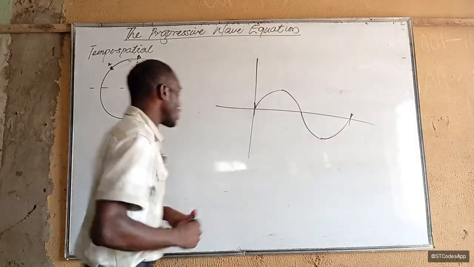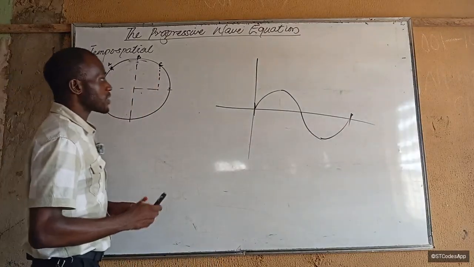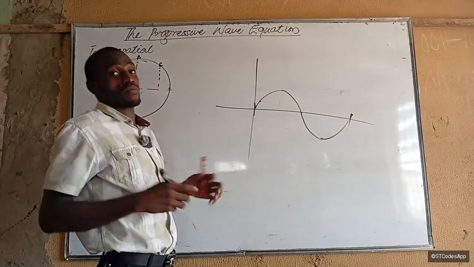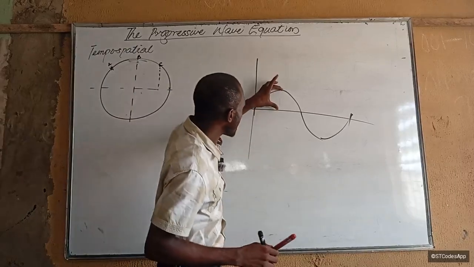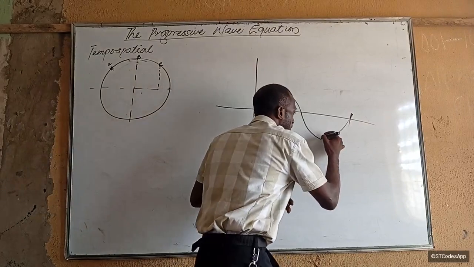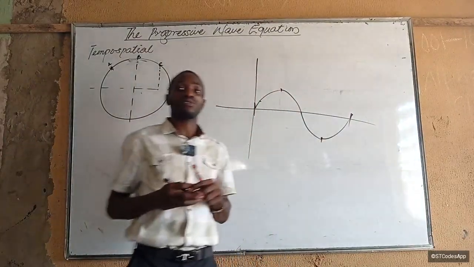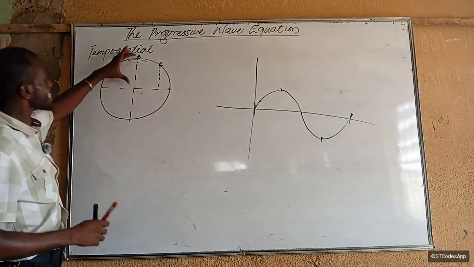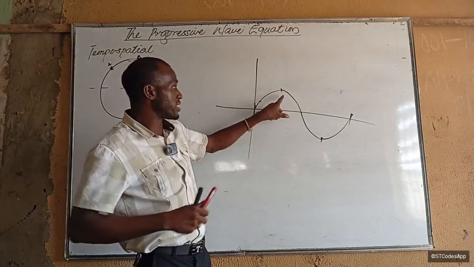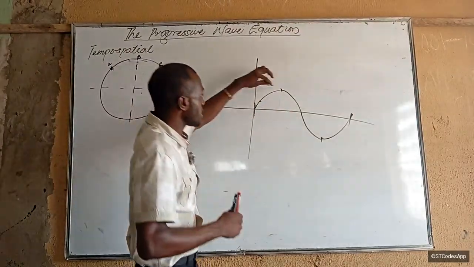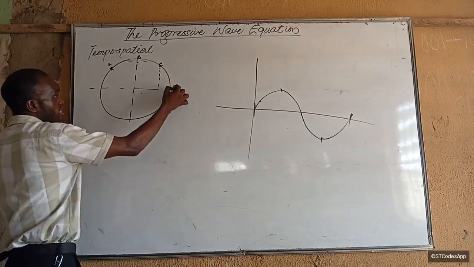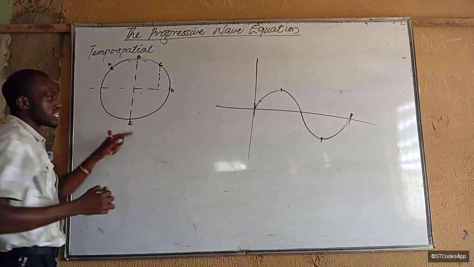Is it clear? So if I'm here, for example, I'm not so far away from the starting point. If I get here, this is the maximum I can get away from the starting point. This is also the maximum I can get away from the starting point on this side. The points that coincide with this point on my cycle are this point B here, and if I call this D, and a point E here.